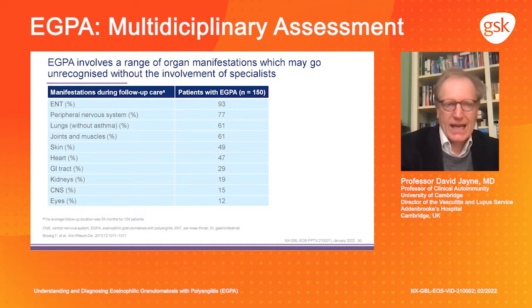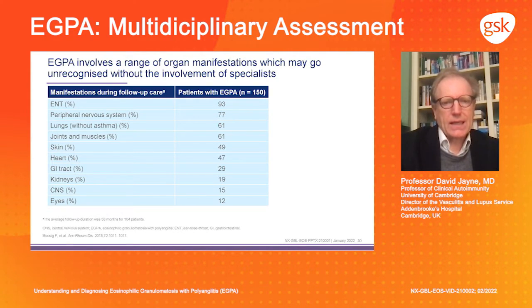In other words, if it's active, we should increase treatment. If the disease is not active, then we can potentially reduce treatment. The specialists have a further role in advising on the management of damage in those particular organs. For example, an ear, nose, and throat specialist can advise in the management of hearing loss.